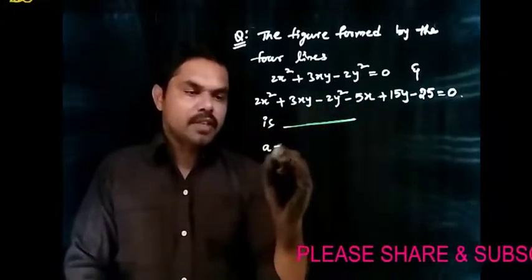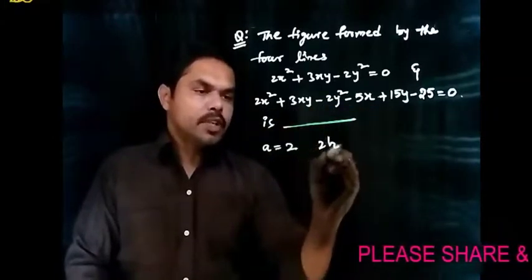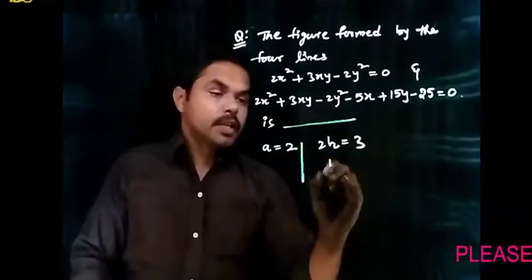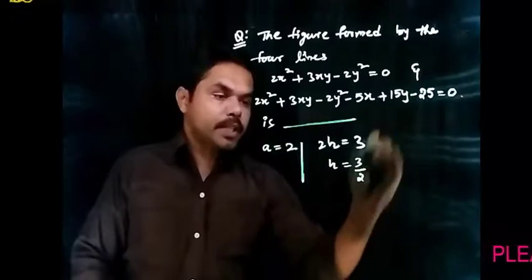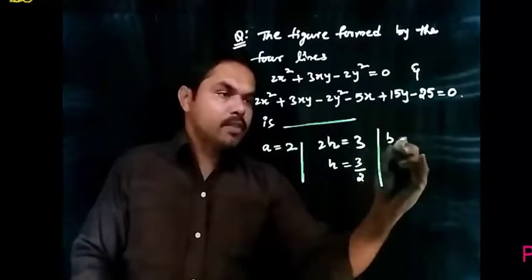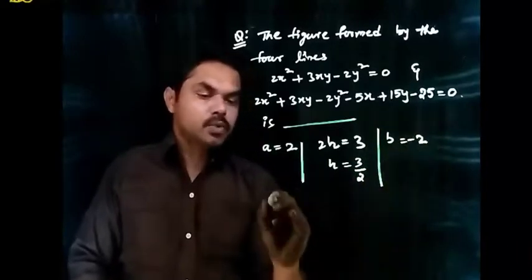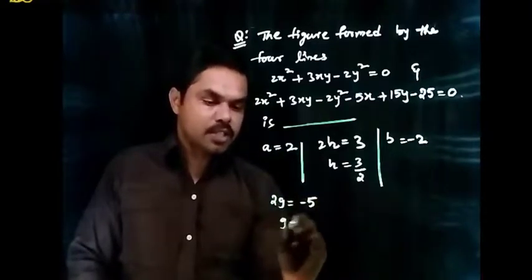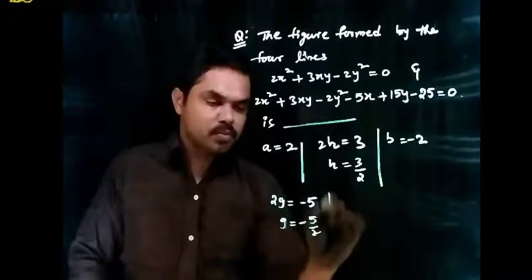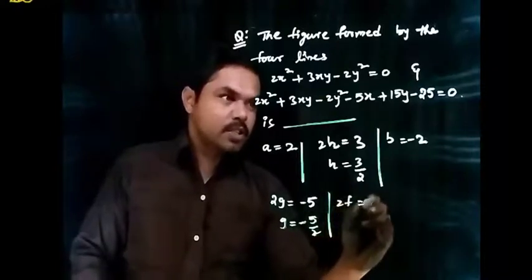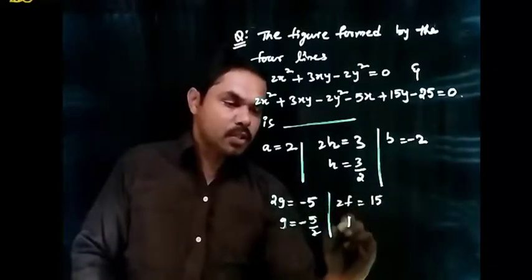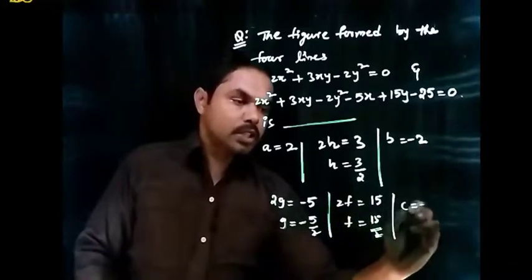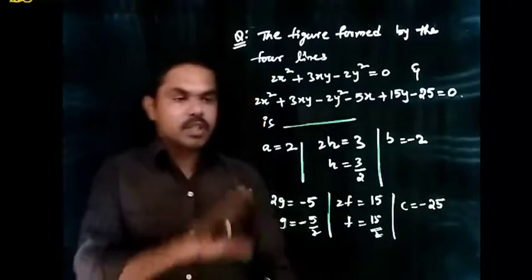You will get the a value as 2, 2h value as 3, h value as 3 by 2, b value as minus 2, 2g value as minus 5. From here g is equal to minus 5 by 2. 2f is equal to 15, f is equal to 15 by 2. c is equal to minus 25.